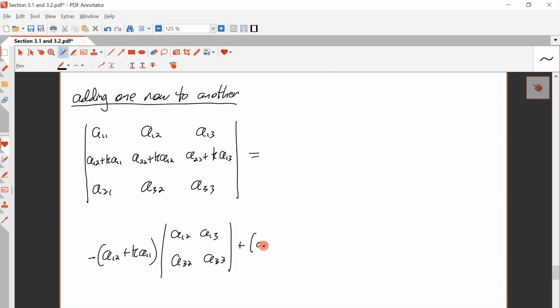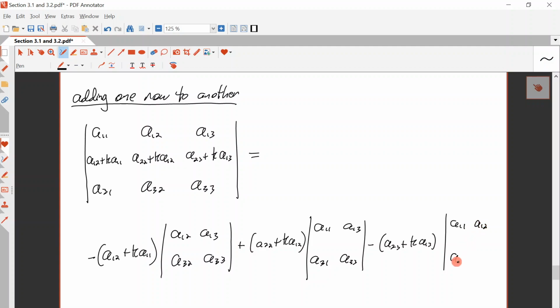Plus A22 plus KA12 times A11, A13, A31, A33. Minus A23 plus KA13 times A11, A12, A31, A32.